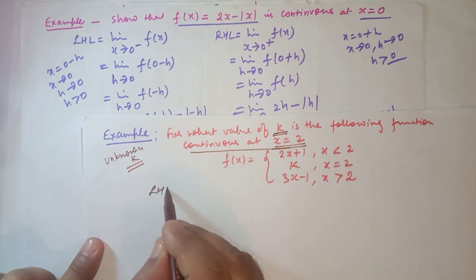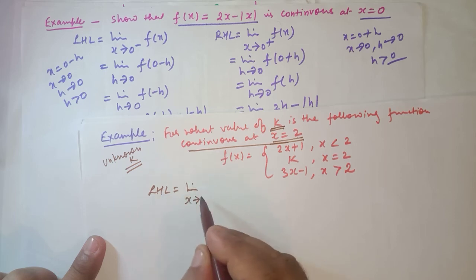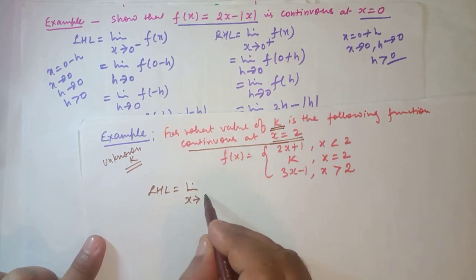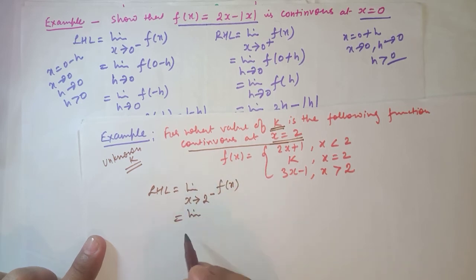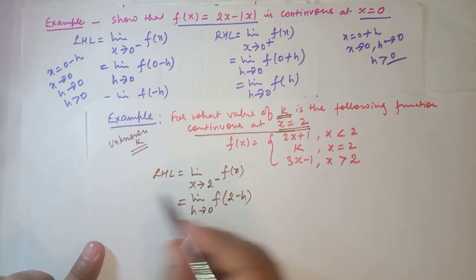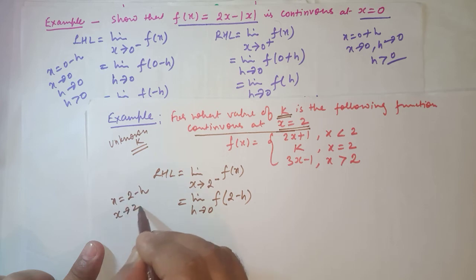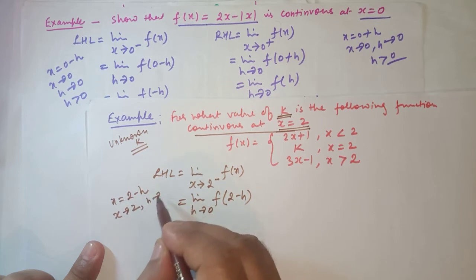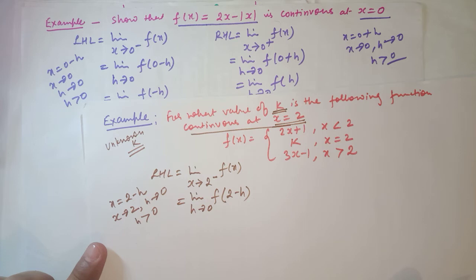So let us first find the left hand limit. So the left hand limit is x tends to 2 minus of f of x. Clear? So we'll have here h tends to 0, so f of 2 minus h, because here we have substituted x equal to 2 minus h. So as x tends to 2, h tends to 0, and h is always greater than 0.